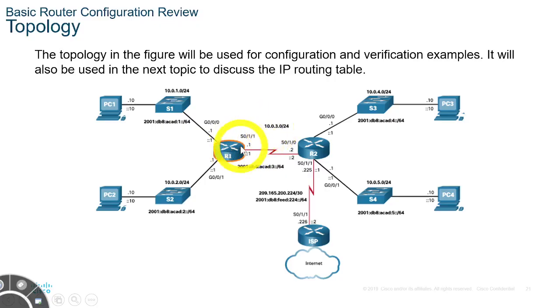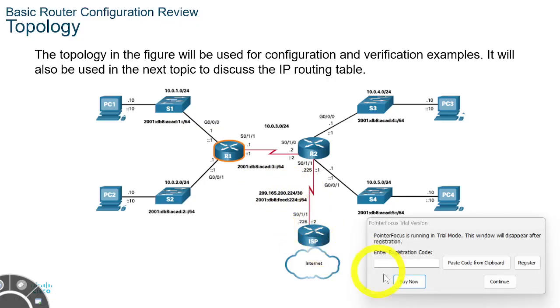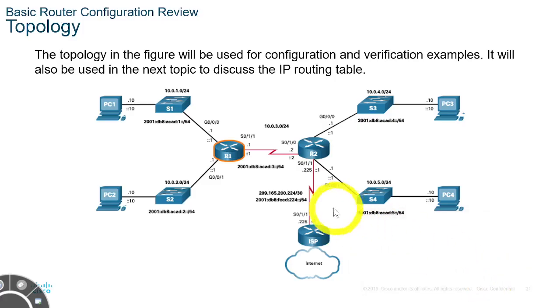Here it's always the same, 10.0.3. And for version 6, this address with 2, so this for this interface and this for this interface. So this is 224, and this is 226.